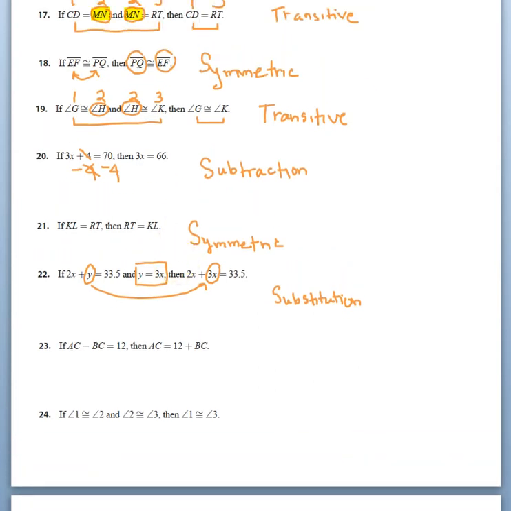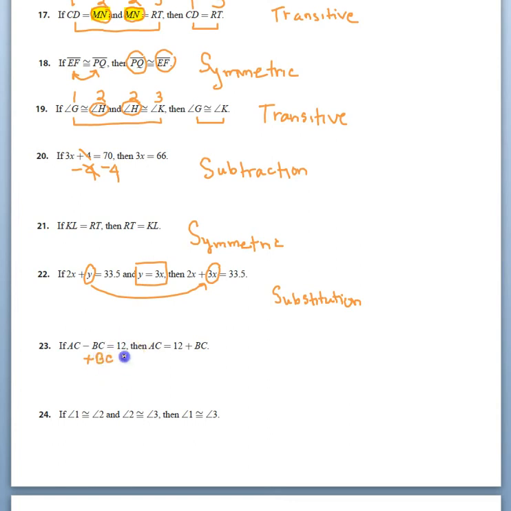23. If AC minus BC equals 12, then AC equals 12 plus BC. So look at what has happened in the second equation. Just mathematically, what has happened? Well, if you look here, AC is by itself. So let's look at the beginning equation and say, okay, how would I get AC by itself? Well, one way I would do that is to get rid of BC.